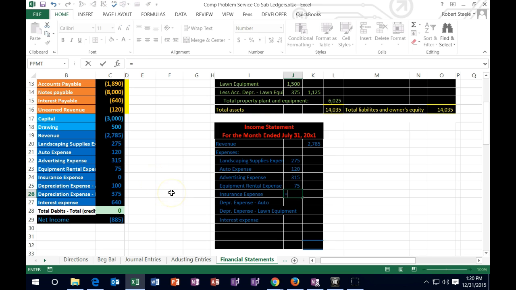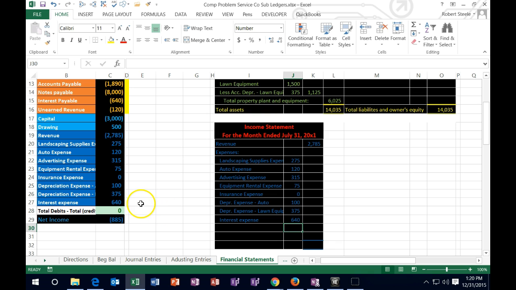The insurance equals, we're going to point to the 0 and enter, and that's an adjusting entry that we probably should go back and take a look at, but we're going to move forward at this time. Then the depreciation equals the 100 and enter, and the depreciation expense for the lawn equipment equals the 375 and enter, and the interest expense equals the 640 and enter. So there we have that information.